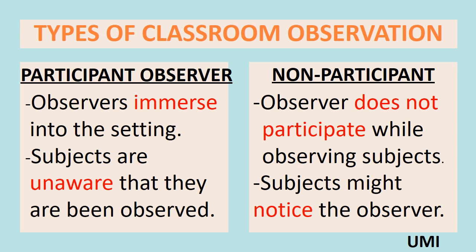Participant observer refers to an observer that fully participates in the classroom activity. In this context, they are well adapted or immerse themselves into the setting. For example, they can act like a student and learn together with other participants in the classroom, or they can play a role as a second teacher in assisting students during the lesson.